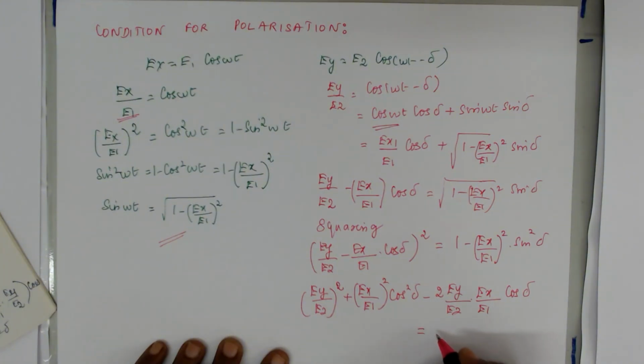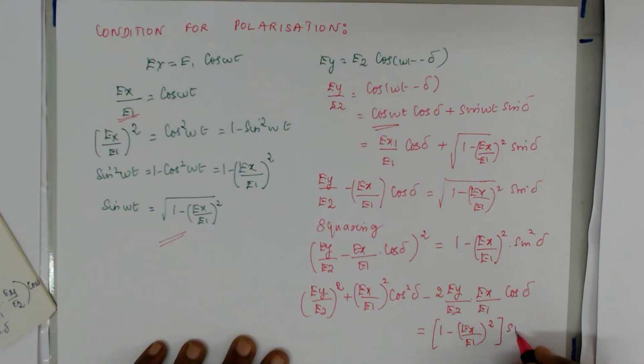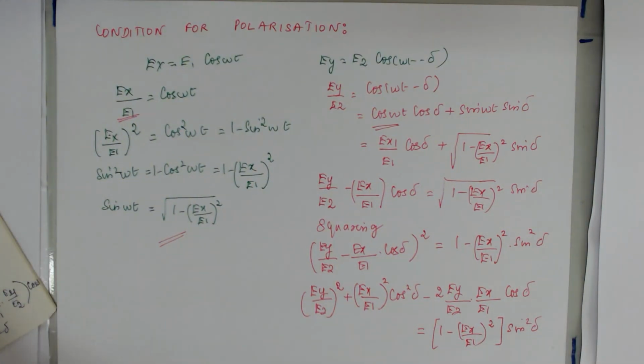On the right hand side, we have the bracket 1 minus Ex divided by E1 the whole square, into sine square delta. So we have to rearrange these equations. On the left hand side, we have Ex by E1 the whole square into cos square delta. On the right hand side, we have the same Ex by E1 the whole square into sine square delta.